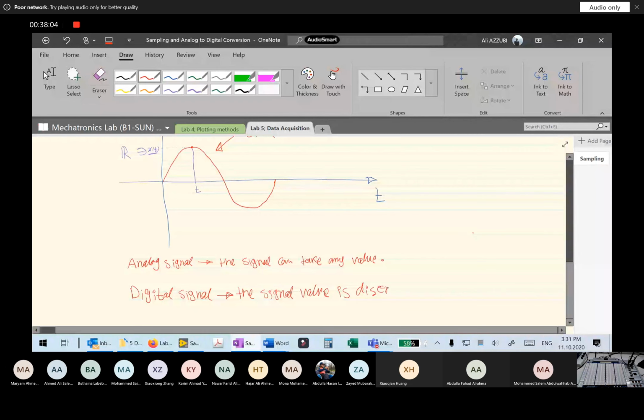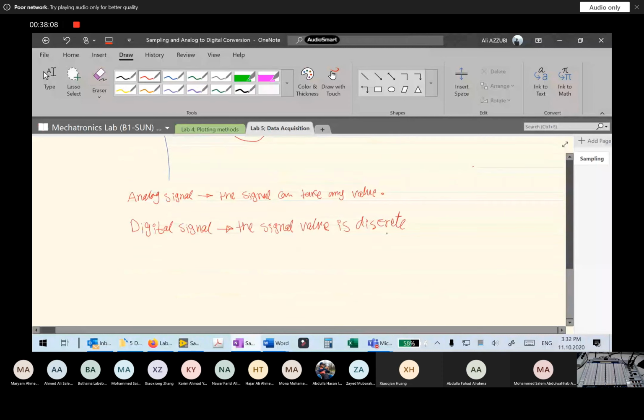In other words, the signal can take a value from a specific set of values.